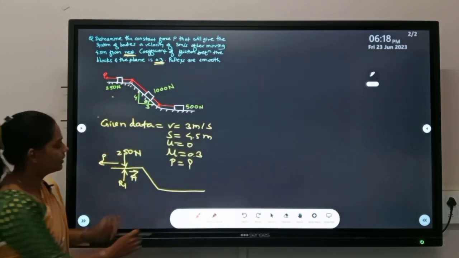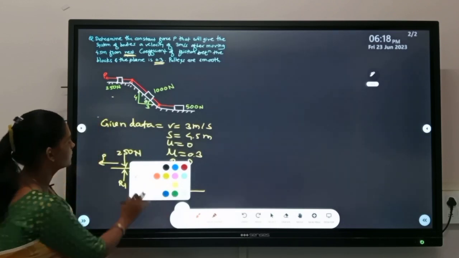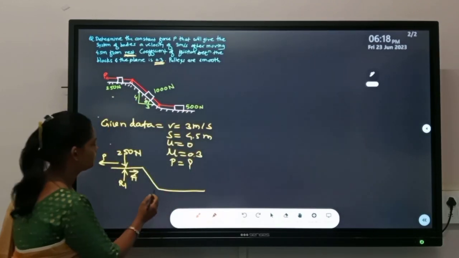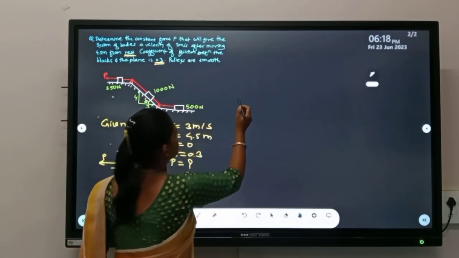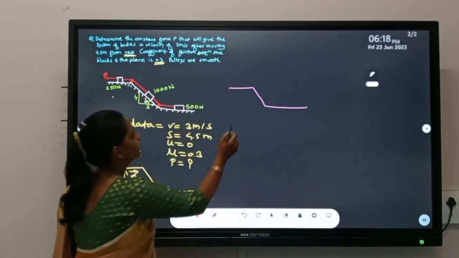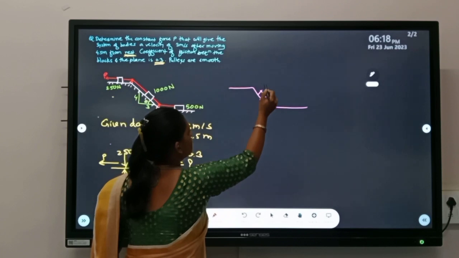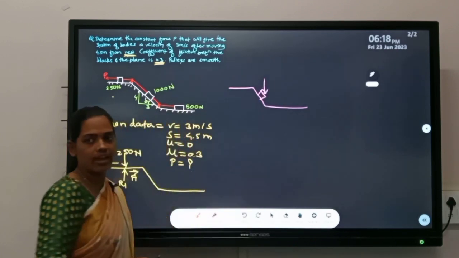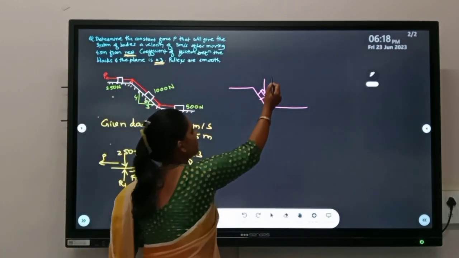Then we'll see the FBD for block number 2. Since this is a block, there is a vertical force acting vertically downward. It is 1000 Newton.